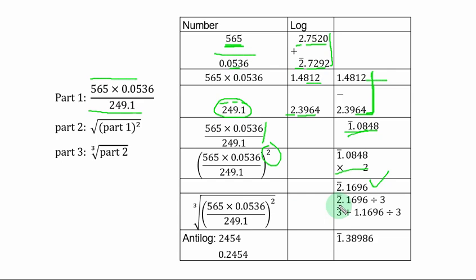So cube root means you divide the result from part 2 by 3. Now, you cannot divide bar 2 by 3 easily. Here, we try to ensure that when we divide, our answer is a whole number, not a decimal.